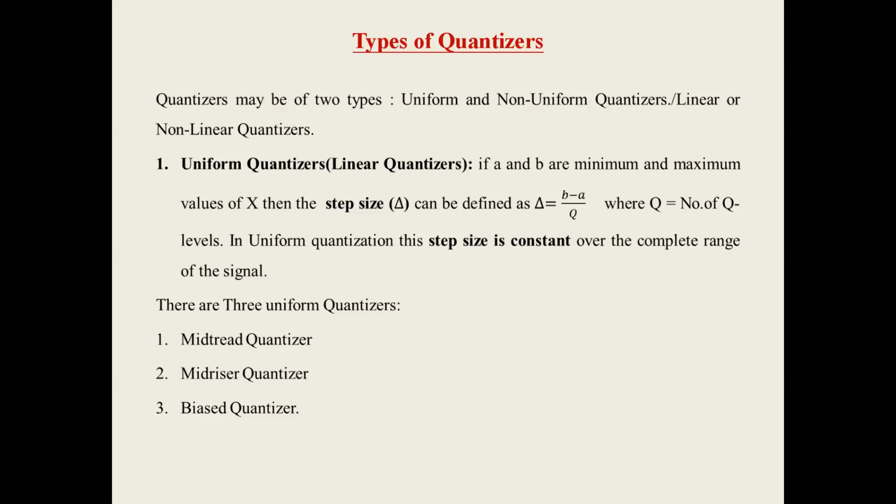Along with the transfer characteristics, we will try to understand what quantization error occurs when we take the mid-tread quantizer, what quantization error occurs with the mid-riser quantizer, and similarly, what the quantization error will be for the biased quantizer.